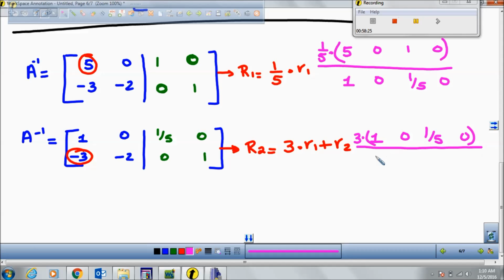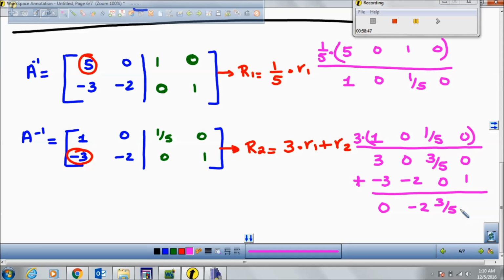So 3 times 1 is 3, 3 times 0 is 0, 3 times 1/5 is 3/5, 3 times 0 is 0. Then we're going to be adding every number in row 2 to each of these: -3, -2, 0, and 1. So 0, -2, 3/5 plus 0 is 3/5, the same thing. 0 plus 1, 1.